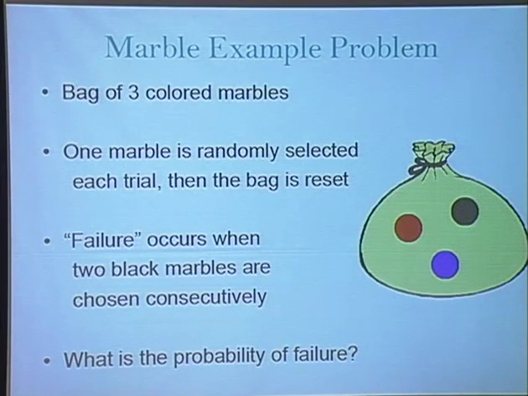So let's say that you have a game where you have three marbles in a bag, and you are supposed to fish out one of them from the bag, put it back, fish another one, and you are going to lose if both of them are black. Okay? So what is the probability of failure?